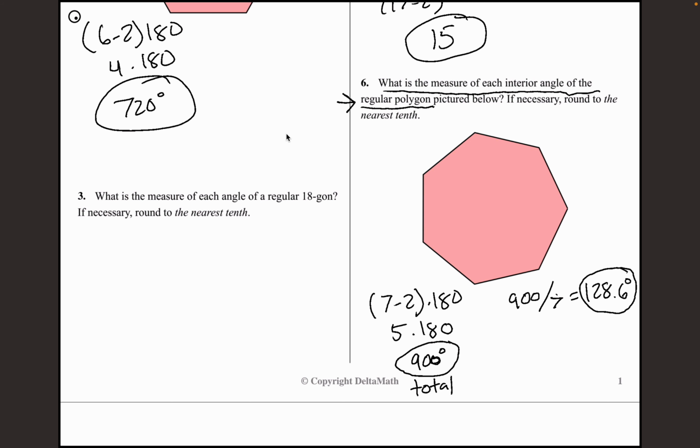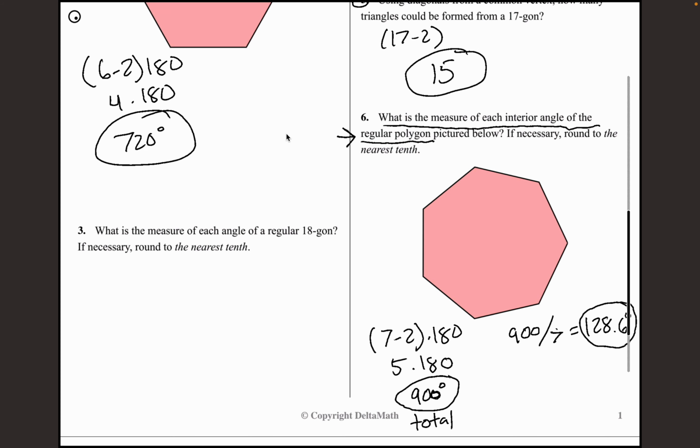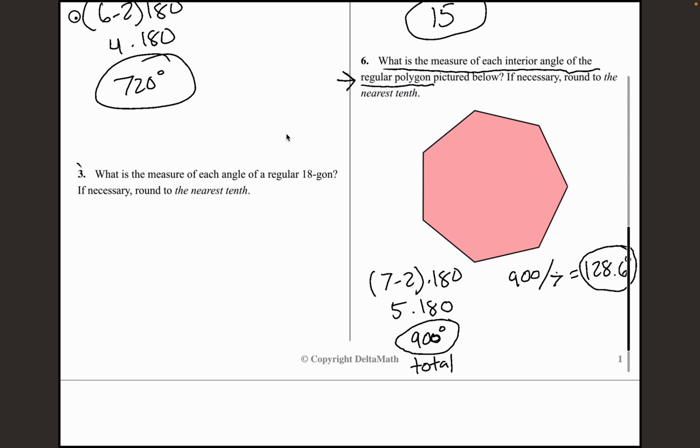That's all we wrote. It just asked how many triangles. Okay, do number 3 on your own. And remember, you're finding each angle.